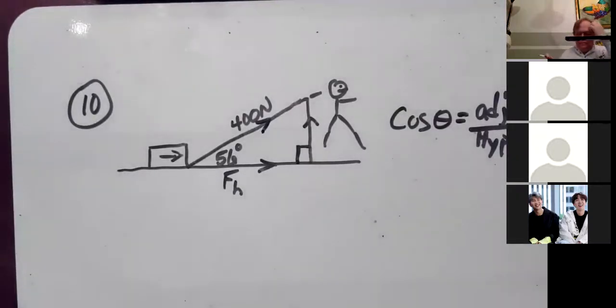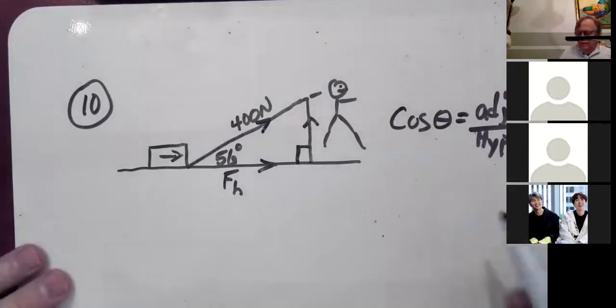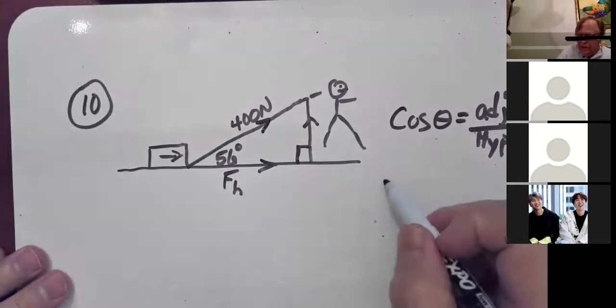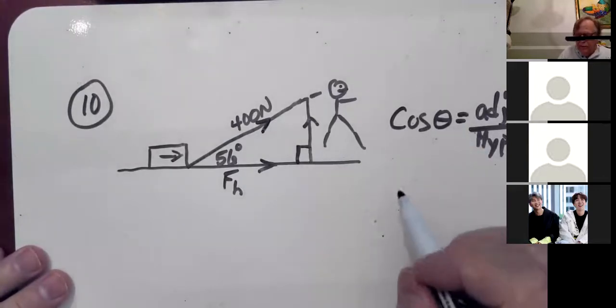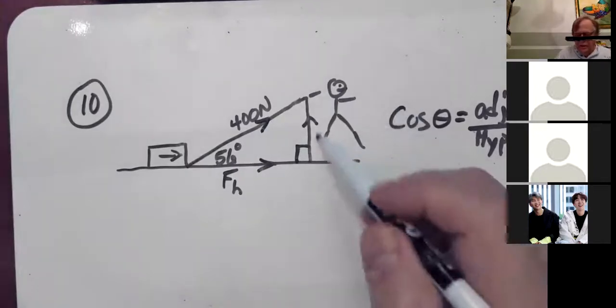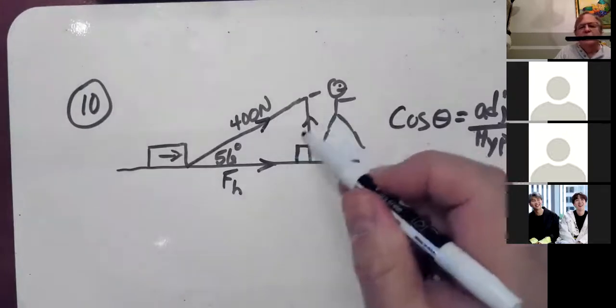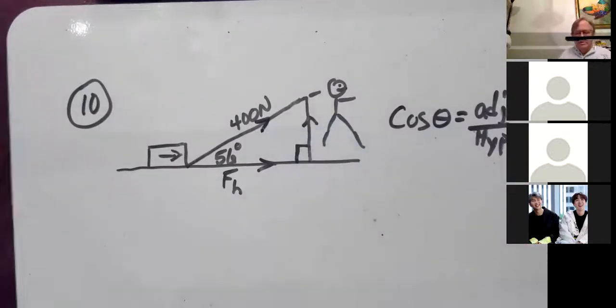The other function that has adjacent in it is tangent, which is opposite over adjacent, but we don't have the opposite side. So we use the one with the hypotenuse in it, which is the cosine.